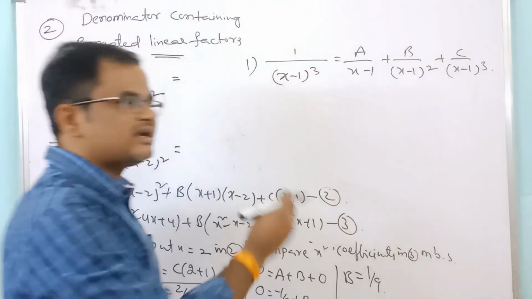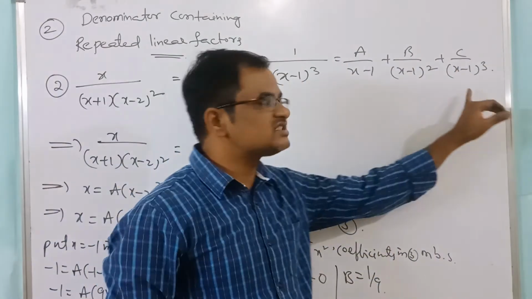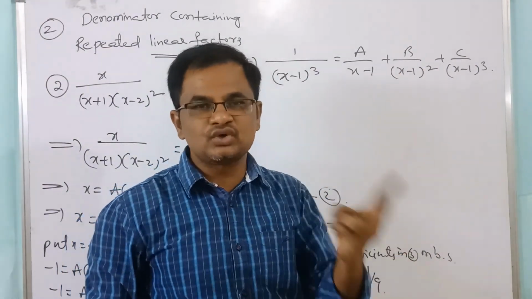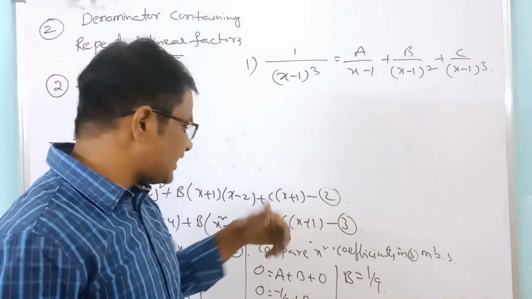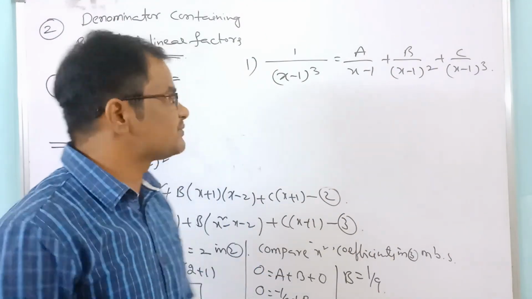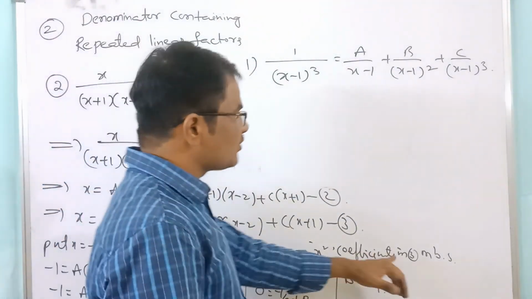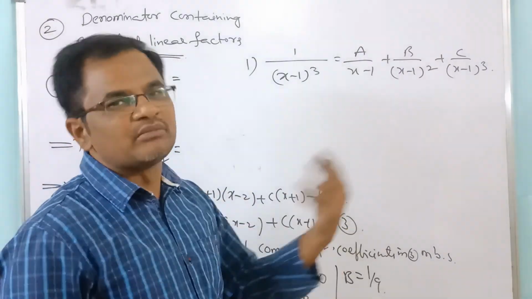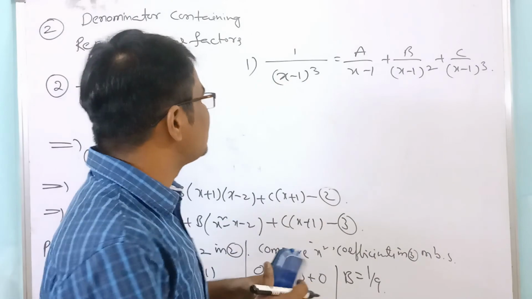Again, take the LCM and substitute. But here only one substitution is there, x equal to 1. For the remaining two, we have to compare. It means the x coefficient and x square coefficient. Compare the x square coefficient, you will get one value, and compare the x coefficient, you will get one more.